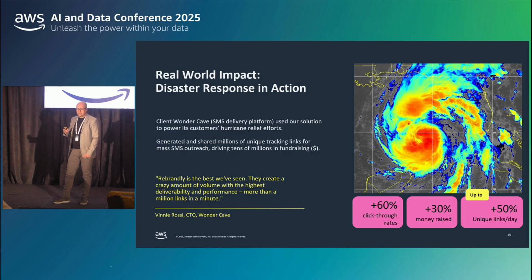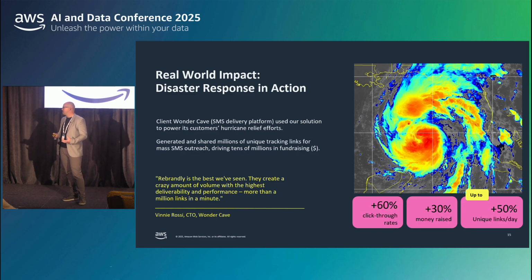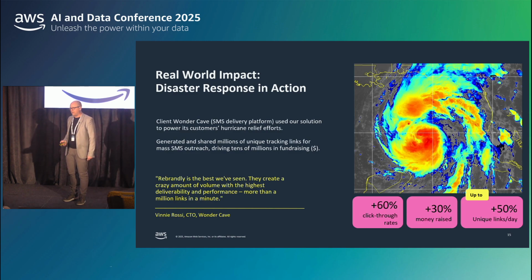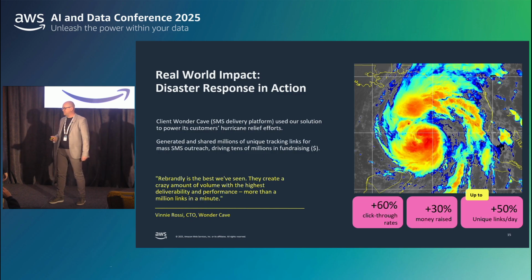Basically, our client used our solution for massive informing of their customers about hurricanes and other disasters. I'm very proud that our Rebrandly platform is used not only for marketing or other stuff, but has really human value, bringing something valuable to people. So I'm happy to pass over to Gonzalo, our lead DevOps engineer. Thank you all.